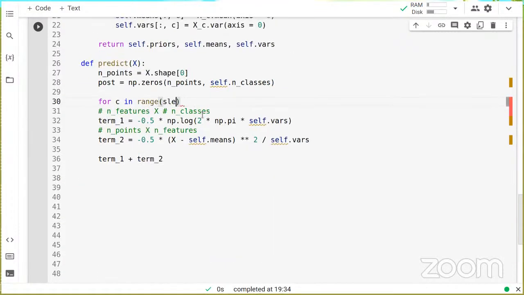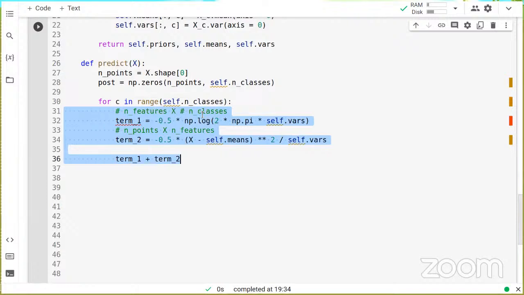So, yeah, I think now this will be slightly clearer. Okay, so for each class, the variance for a class is what? Is this correct? Is this the variance for a class?